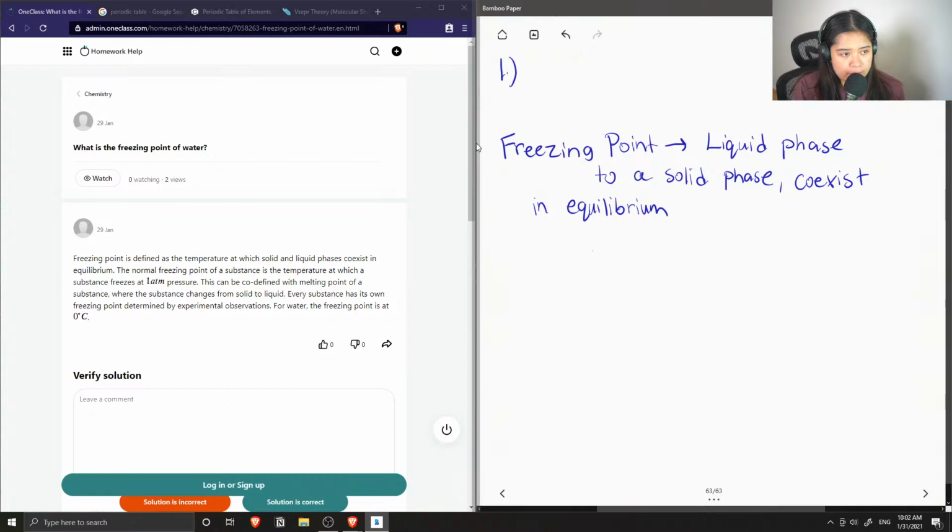So for water, this is that in between where it's water and ice. Okay, so for the freezing point of water, it is 0 degrees Celsius.